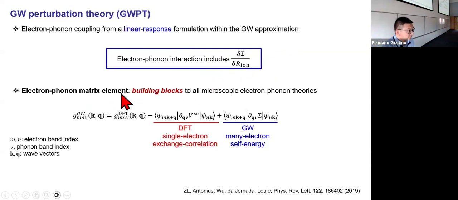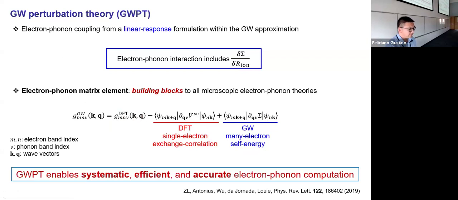So now we are able to calculate the GW electron-phonon matrix elements for all the ones that we need. The relation between the GW matrix elements and the DFT matrix elements is that the contribution from the exchange-correlation potential is replaced by the contribution from the many-electron self-energy, a replacement pretty similar to how we construct the GW band energy as well.